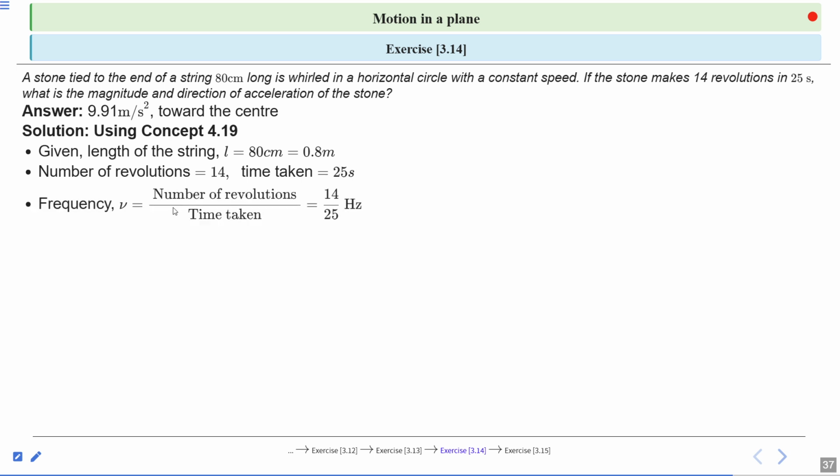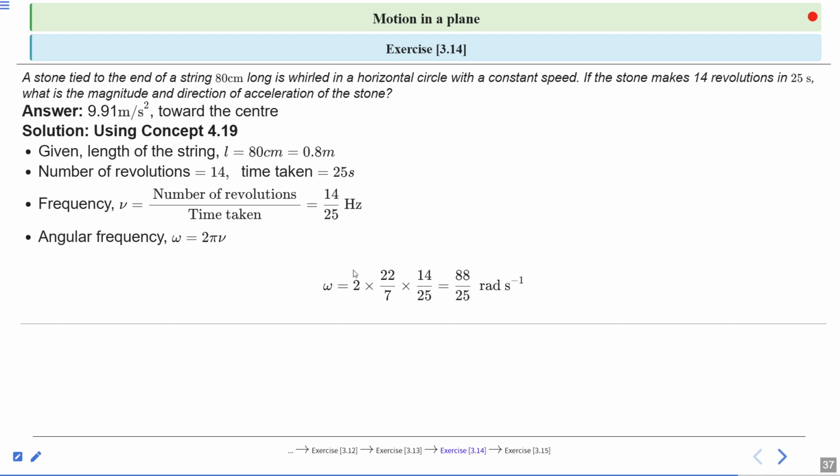So we know the formula of the frequency, number of revolutions divided by time taken. Here number of revolutions is 14 and time taken is 25. So 14 divided by 25 hertz is the frequency. Now we know the formula of angular frequency, omega is equal to 2 pi nu.